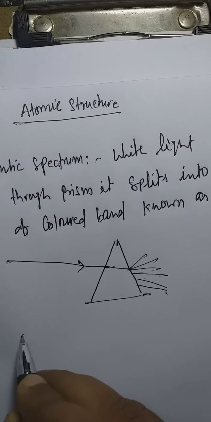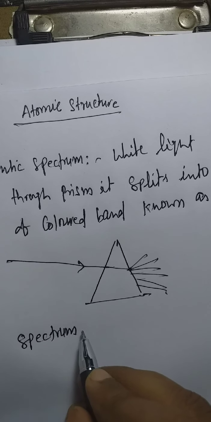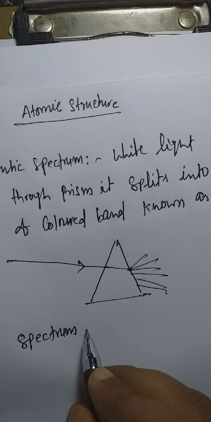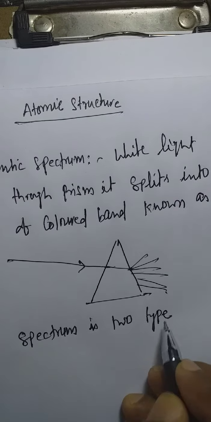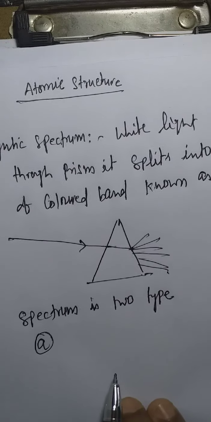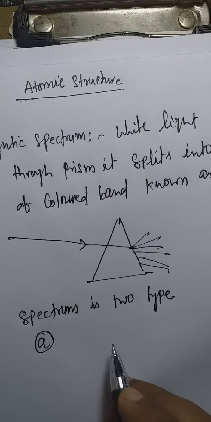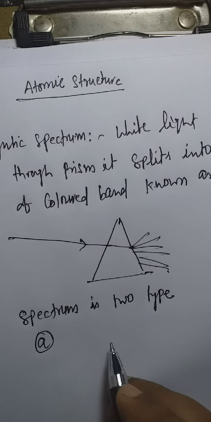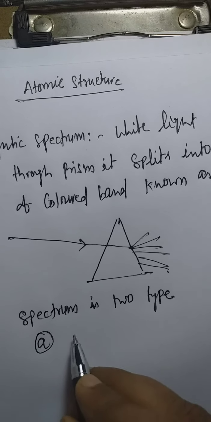Now a spectrum is of two types. A spectrum which consists of all wavelengths is called a continuous spectrum.